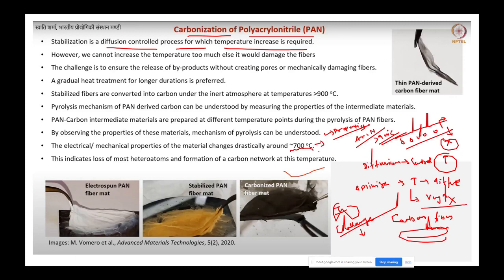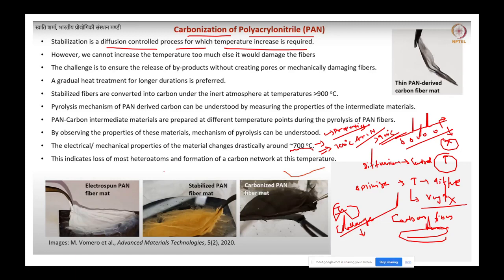So you have to take care of how much temperature you are using and what property you want. The electrical and mechanical properties change drastically when you reach around 700 degrees centigrade. This indicates the loss of most heteroatoms and formation of carbon networks at this temperature.